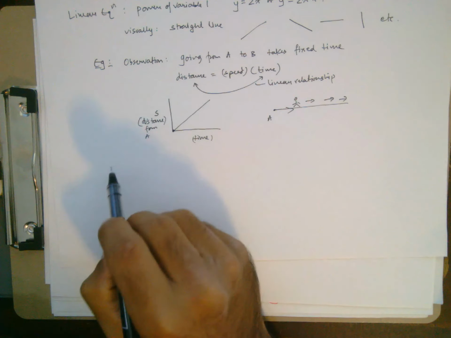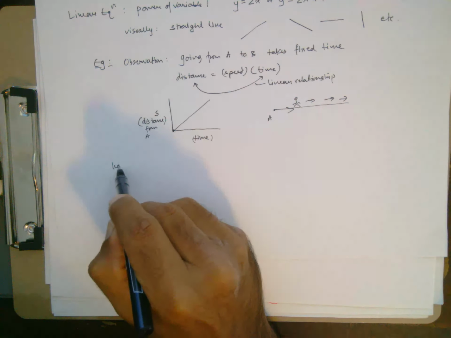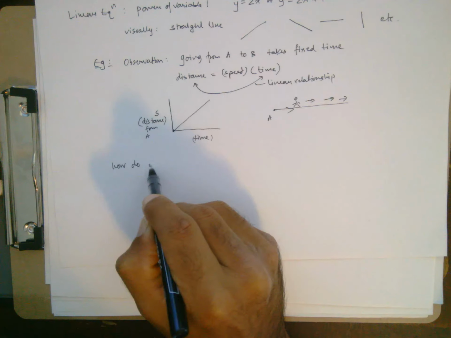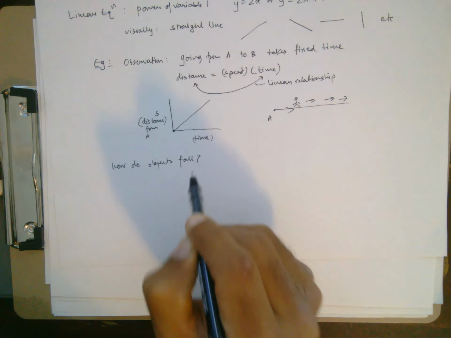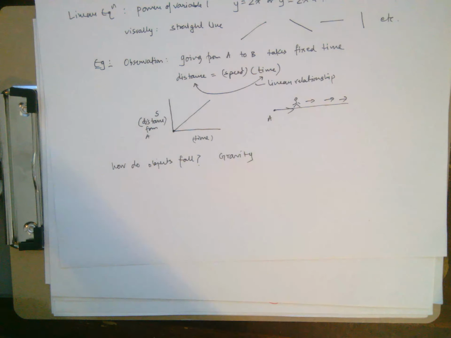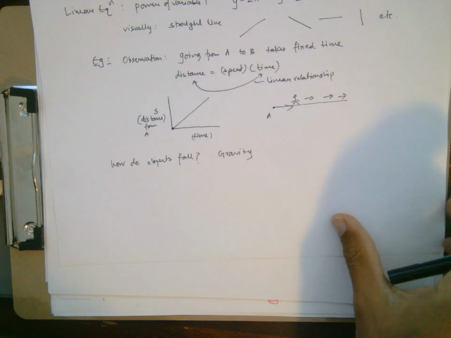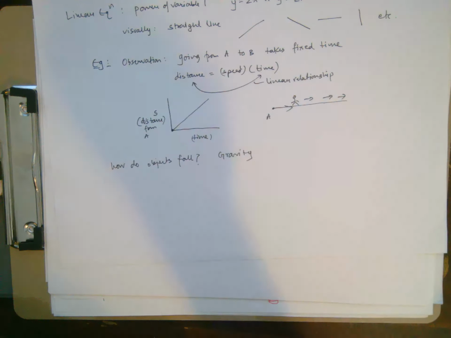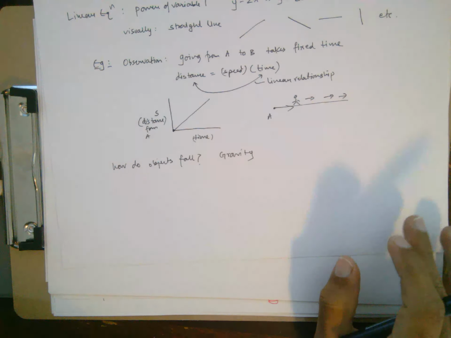Now something that people were interested in even thousands of years ago is how do objects fall. So now we know they fall because of gravity. Now the interest among the people was to understand when something falls based on gravity, how does it behave.